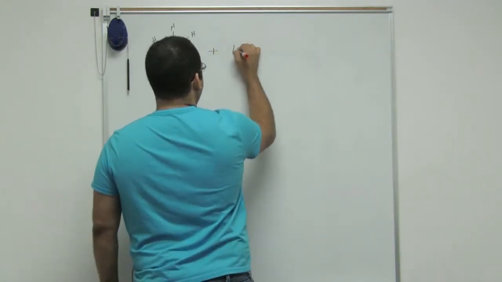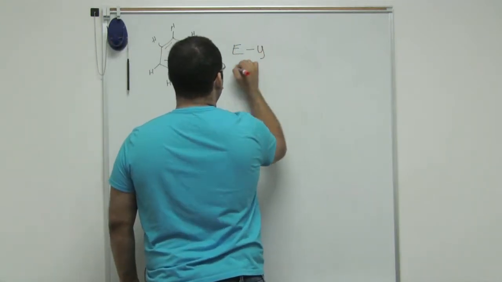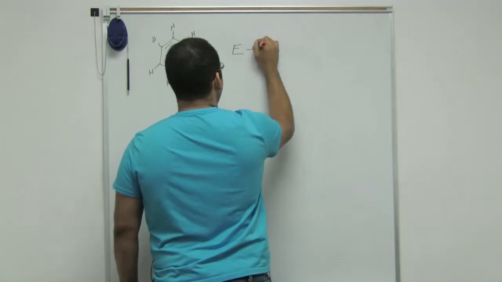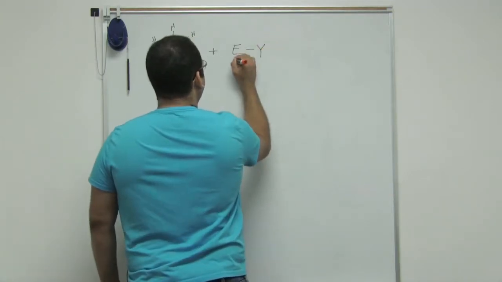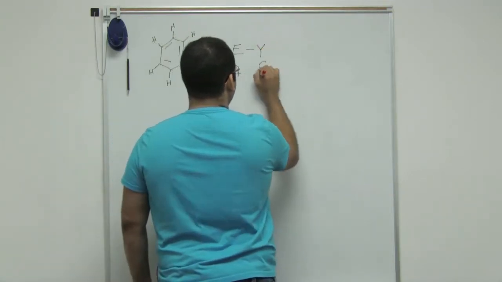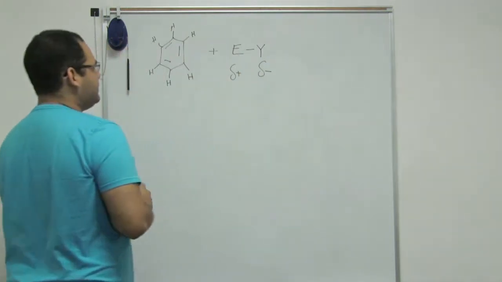We need our electrophile, I'll call this a big Y, and here we have a partial charge represented by the deltas.